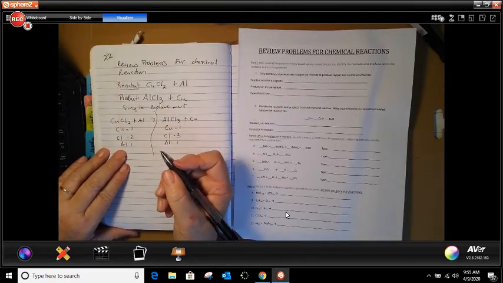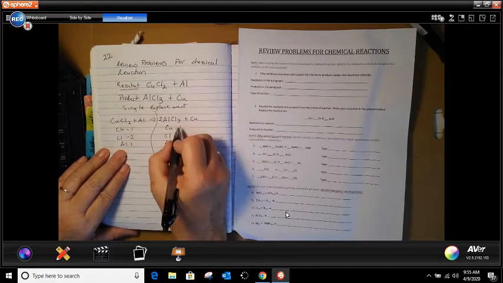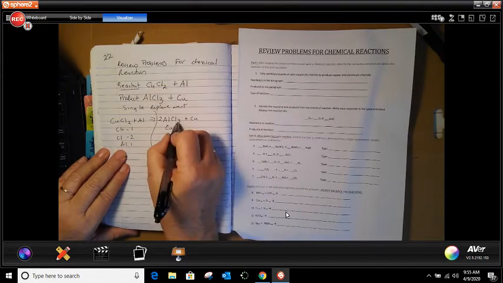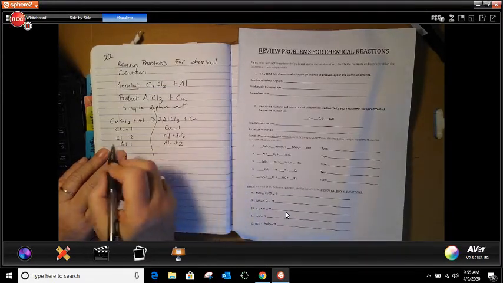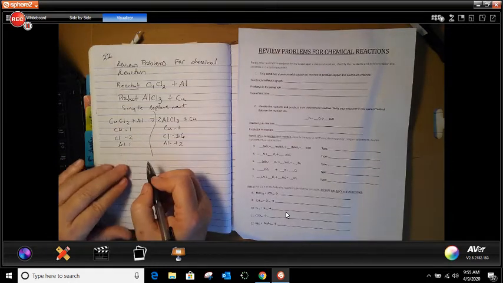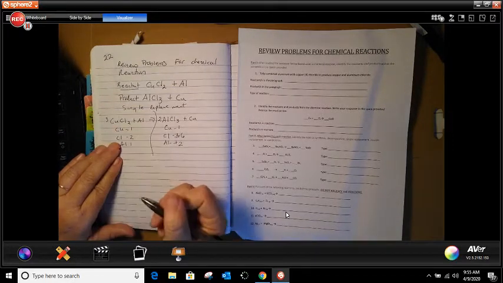I like even numbers, so I'm going to put a 2 over here. So my Al is now 2 and my Cl is now 6. Then I'm going to go over here next, and I want to change my Cl to 6. So I'm going to put a 3 in front of here.